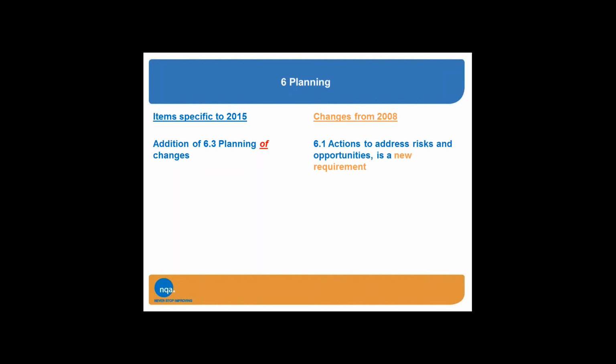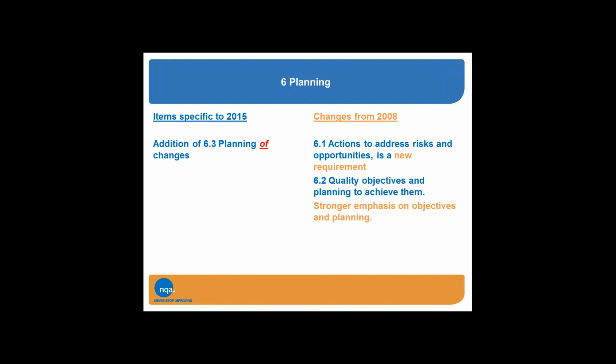So what's now changed in the 2015 standard since the 2008 version? Well, this overall requirement to address risks and opportunities is a new requirement. There is not that explicit requirement in 2008.